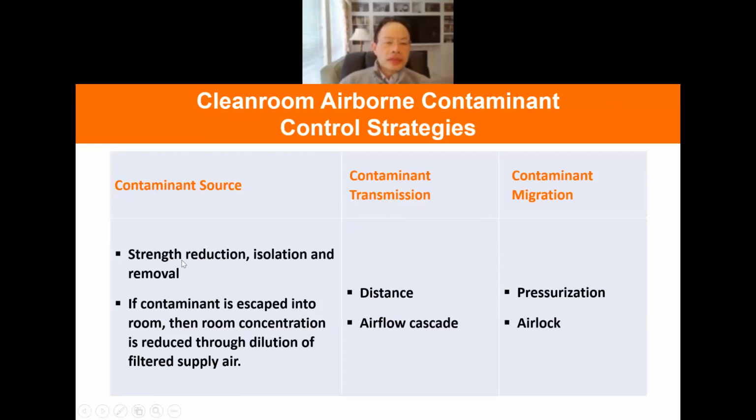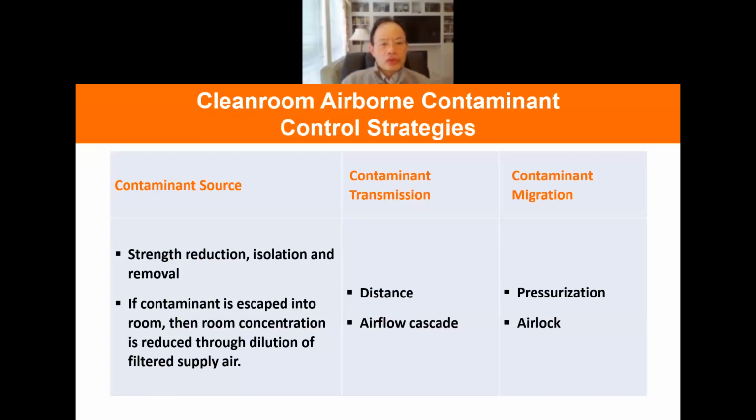Regarding the source, we introduce a concept called strength reduction. Basically, the source is the particle generation from people, from equipment, from process, even from architectural components such as walls, floors, and doors. All these generate particles.